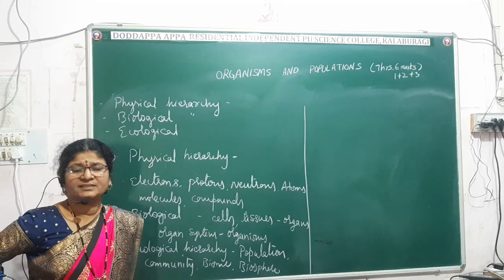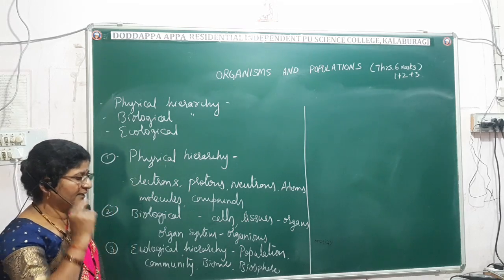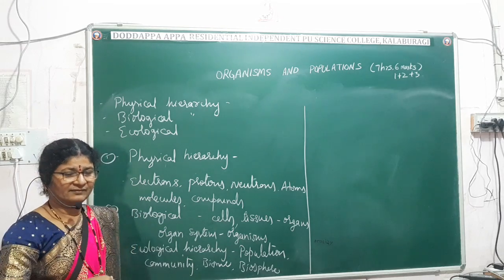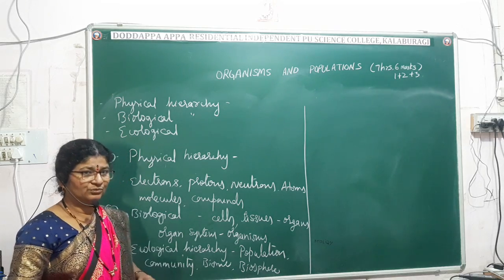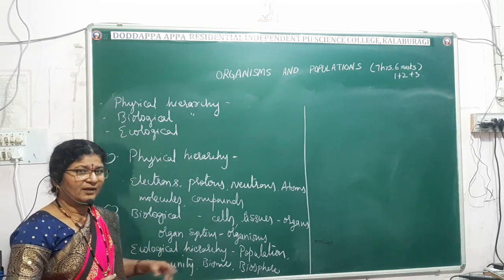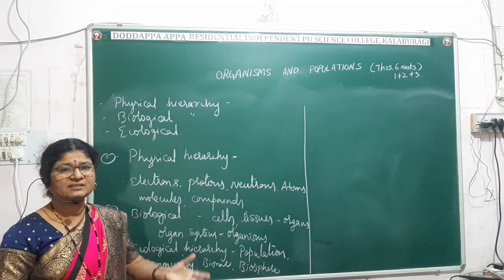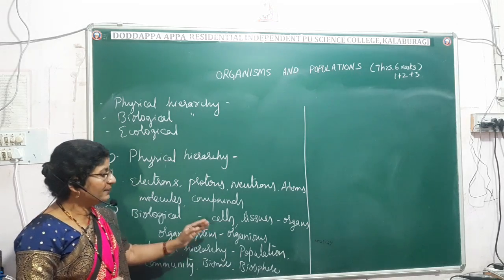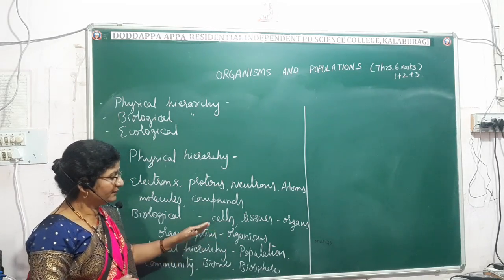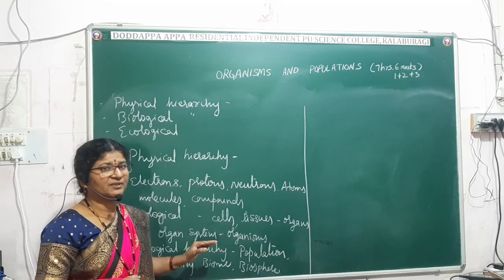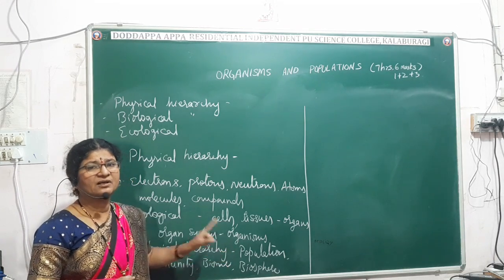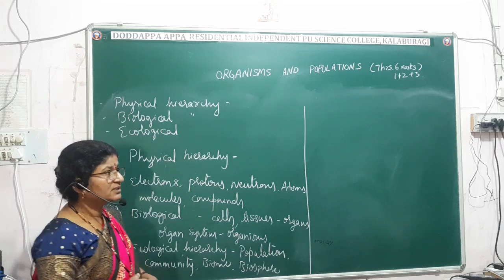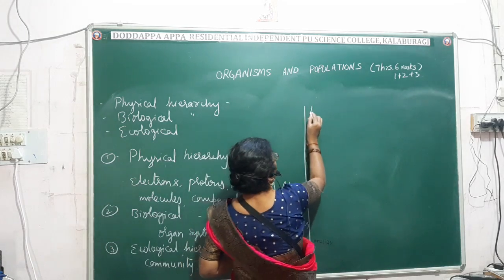This ecological hierarchy we will deal with in a little more detail in our chapter. Organisms you already know. What do you mean by organism? A living entity which exhibits living characters. Many organisms of the same species together form the population, which has the capacity of interbreeding. This you have to remember. What do you mean by population?